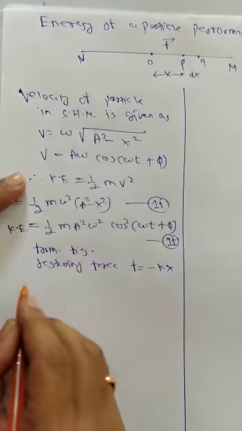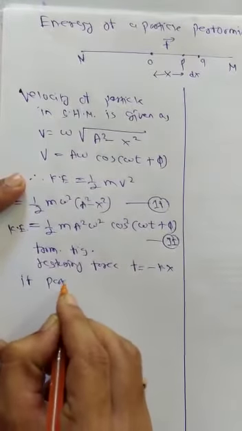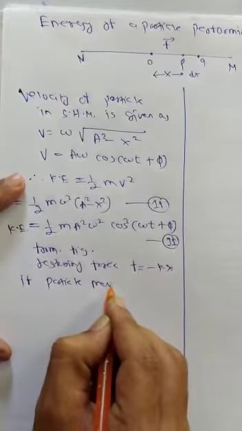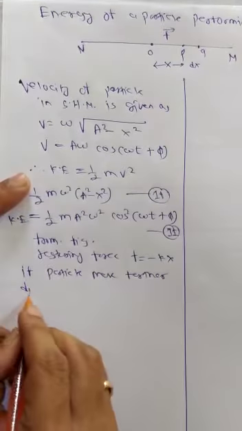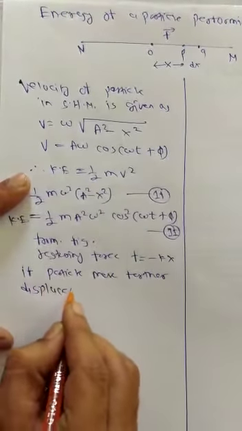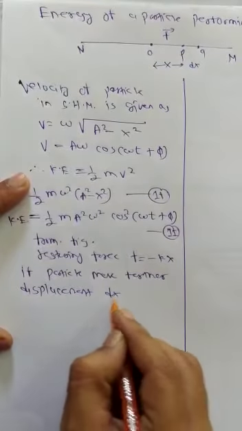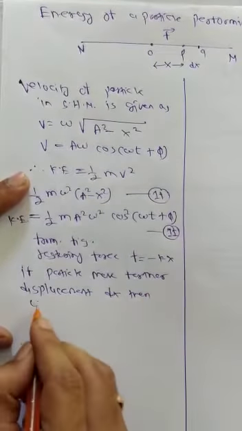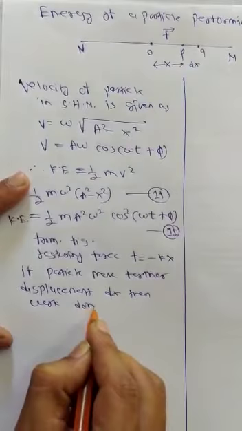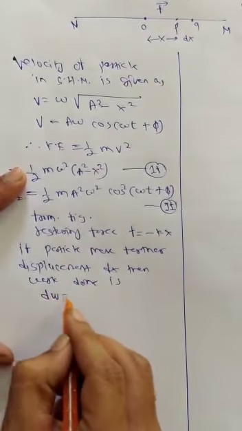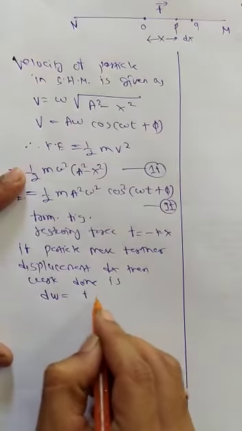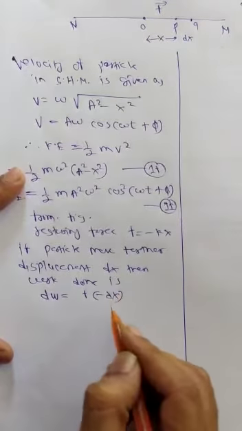If the particle moves further by displacement dx, then the work done is dW is equal to F times minus dx.